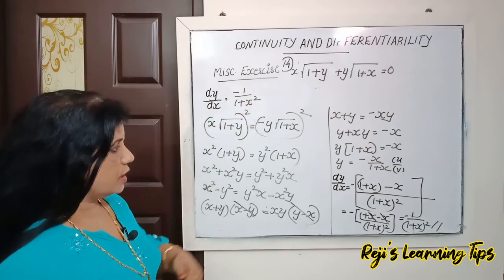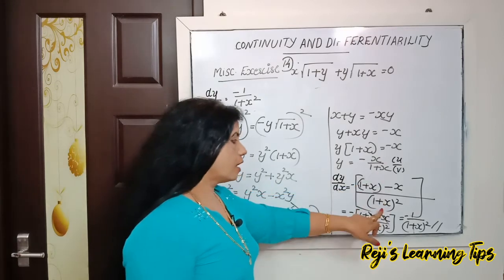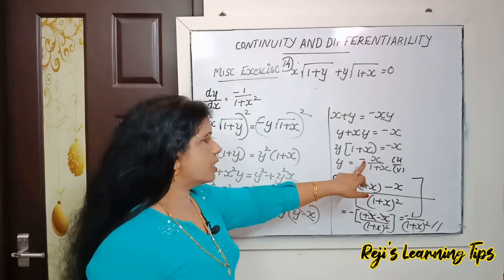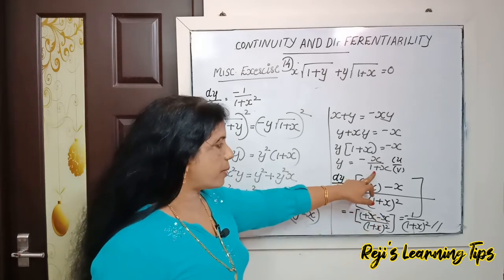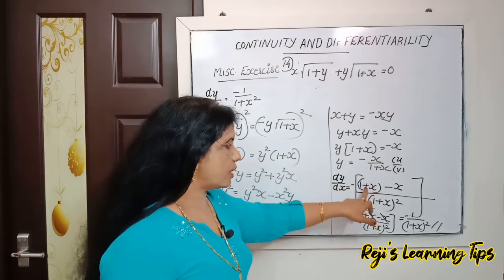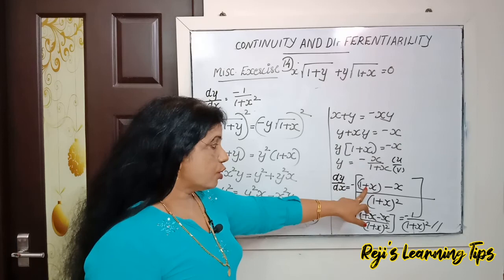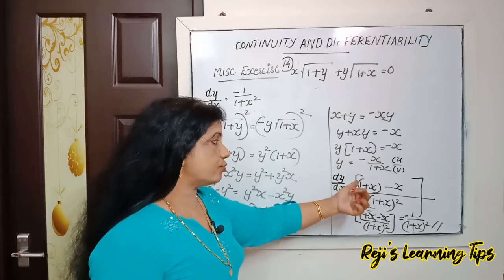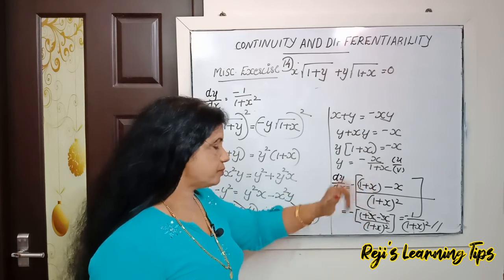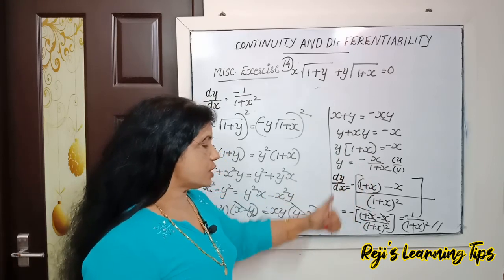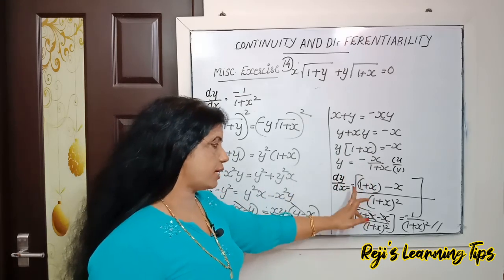Okay, understood? Here we apply the quotient rule. So we take this minus 1 as common outside. Then we apply quotient rule, 1 plus x the whole square. Then dy by dx is equal to minus, we take minus outside.